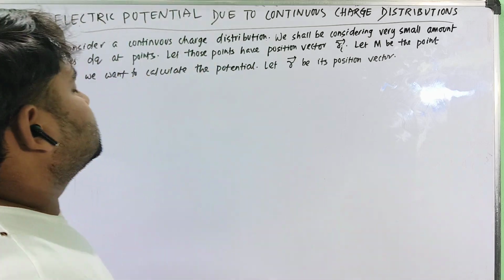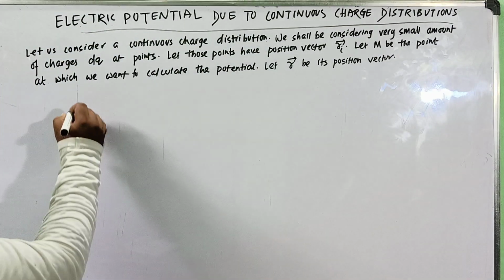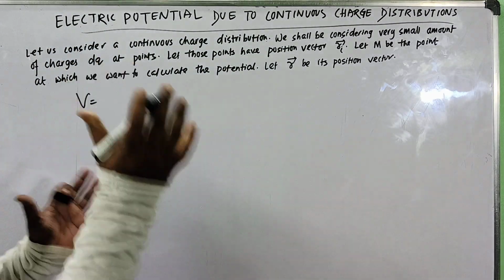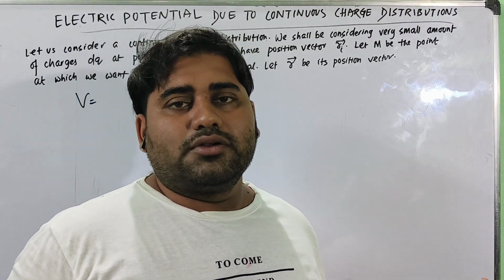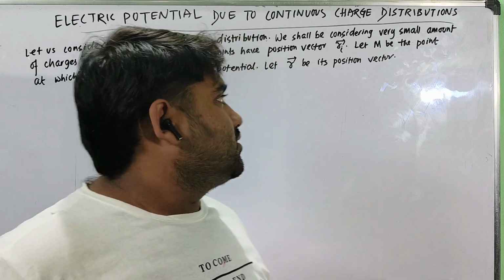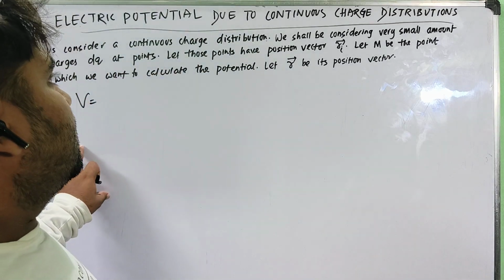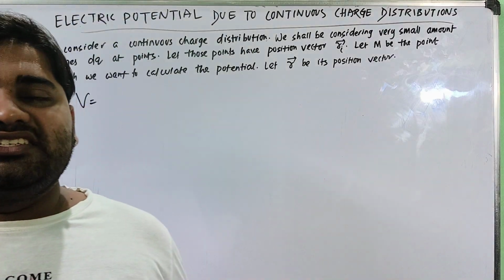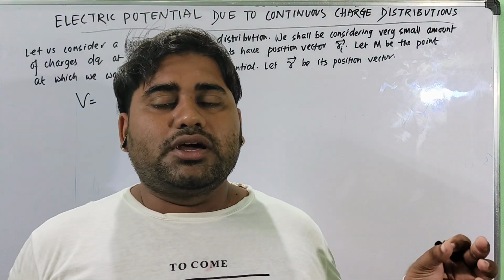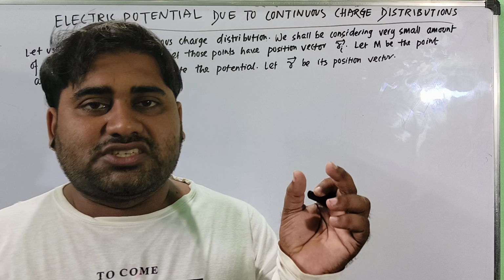So we can write that the general formula is, since it is a continuous charge distribution, previously we described the discrete charge distribution, and now we are going to discuss continuous charge distribution. In discrete charge distribution, when we used to sum all of them, we used the term summation.